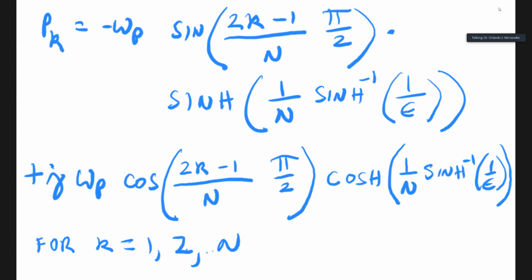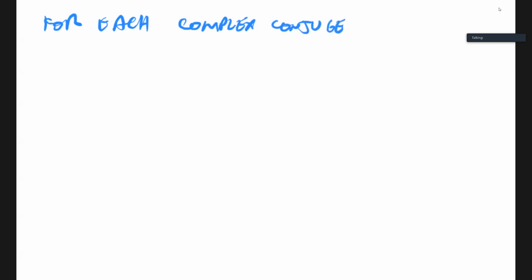Each complex conjugate pair is going to have a natural frequency omega naught, which is going to be the norm or the magnitude of the pole.